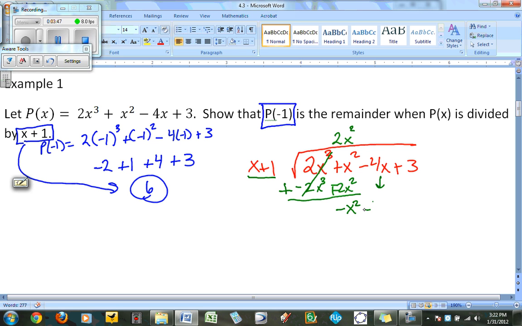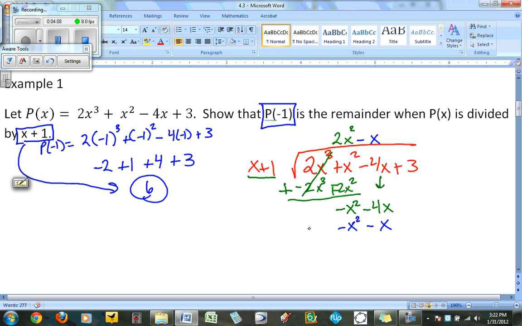So it's just like using long division on two numbers. Now I need to figure out what we need to multiply x by to get -x squared, and that is going to be minus x. If I multiply this entire thing by minus x, I get -x squared minus x.